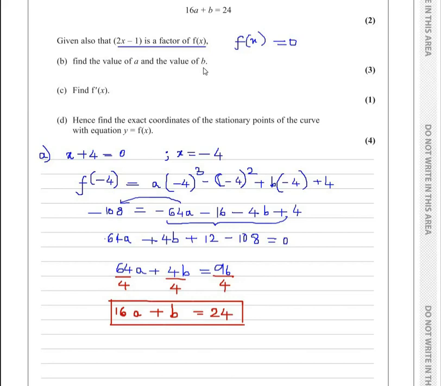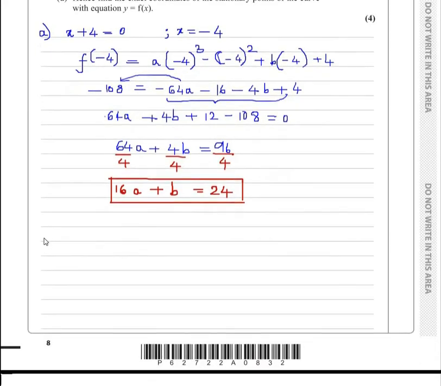So what we have to do, again in part B, is take 2x minus 1 equal to 0. So x will be equal to 1 over 2. In the f of x equation, wherever x is there, we are going to substitute the half.